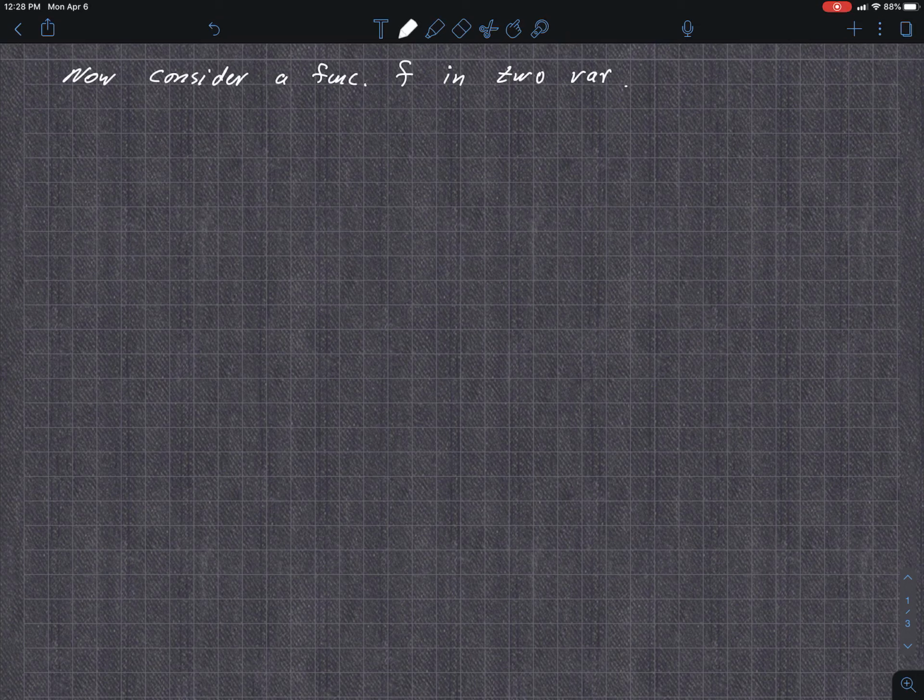So now f of x y is going to be defined on some region R in the xy plane, like we've discussed already.